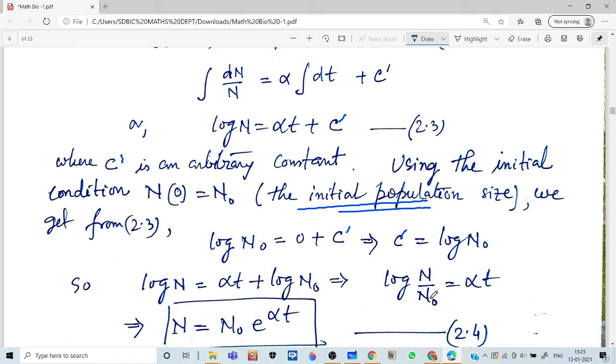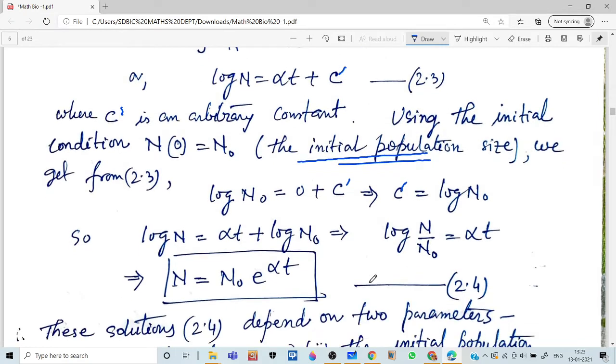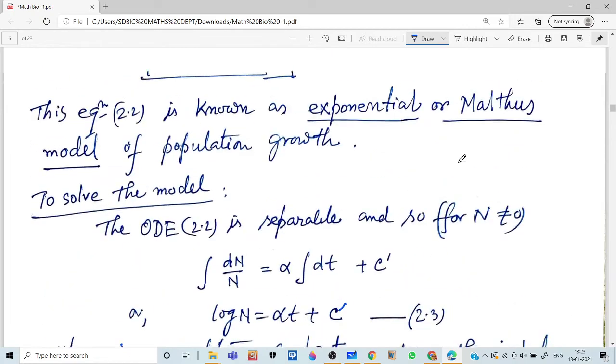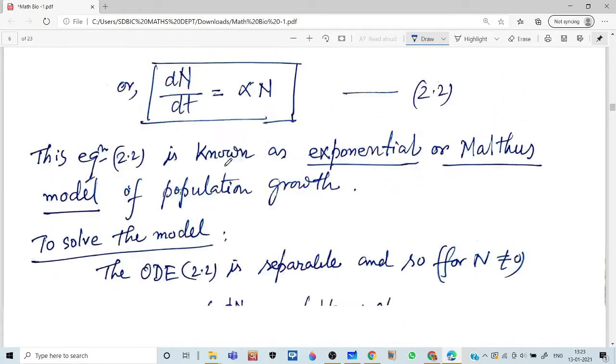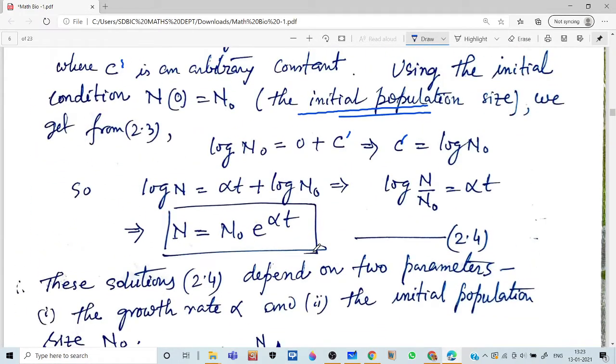So log N minus log N0, that is log of N by N0, is equal to alpha t, and hence N by N0 is equal to e to the power alpha t, that is N is equal to N0 e to the power alpha t. This is the solution of the differential equation 2.2, the Malthus exponential solution.